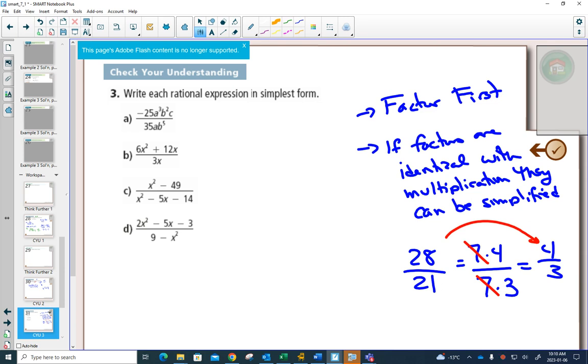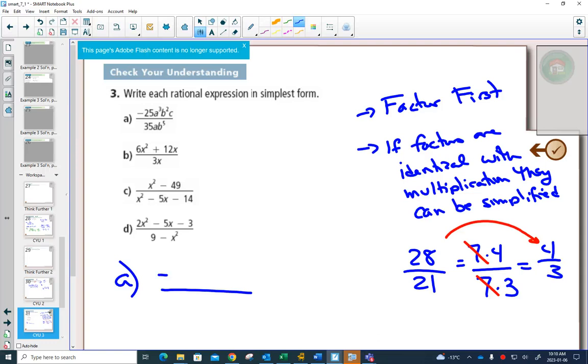Okay? Sometimes, like in the first example, in part A, it's already all multiplied together. The number part, you probably could simplify just doing what you normally do. How would you simplify 25 over 35? You'd probably say, hey, they both divide by 5.